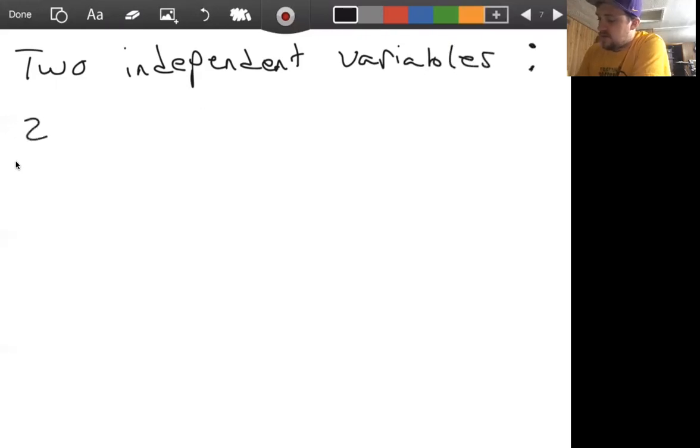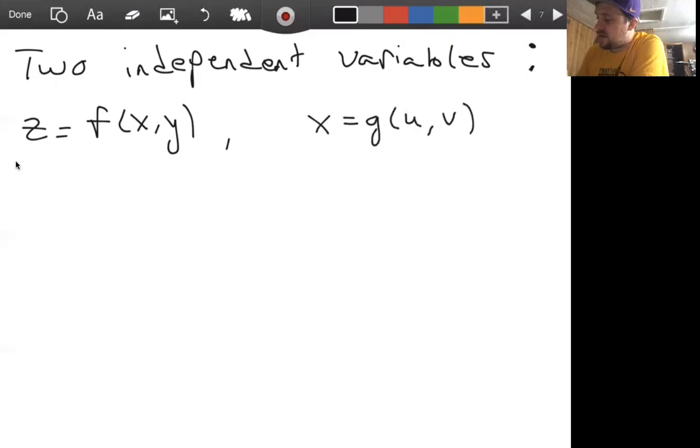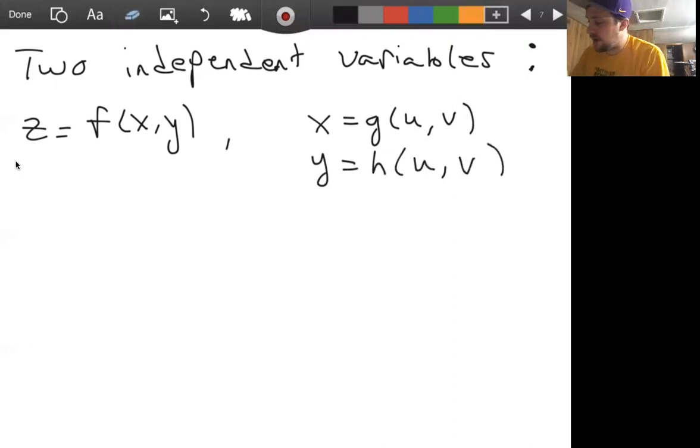So let's say we have z equals f of x, y, but now x is some function of u and v, and y is some function of u and v, right? Or maybe I won't even write g and h because I won't use them in the partial derivative notation, right?